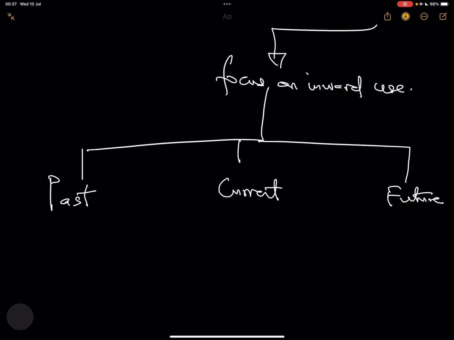So when we're talking about the present, for example, we're saying, how do we make profit? Because that is how we know that we are successful as an organization. How do we make profit today? So this is about today.